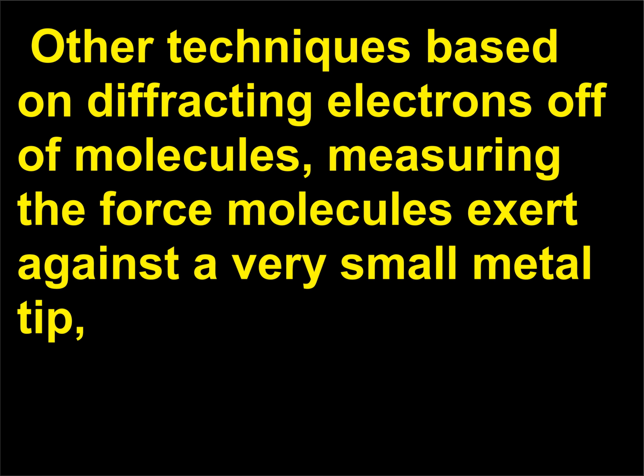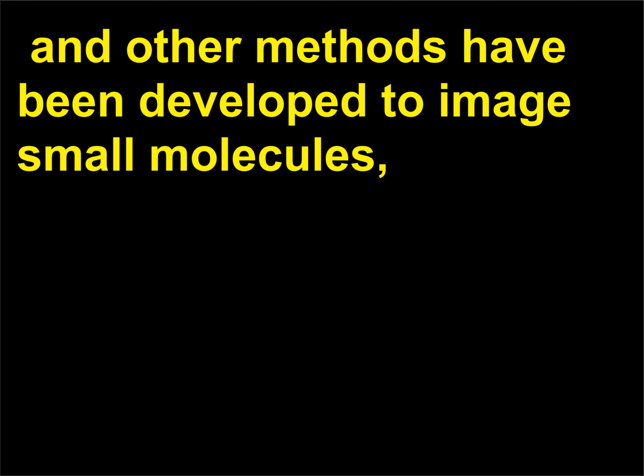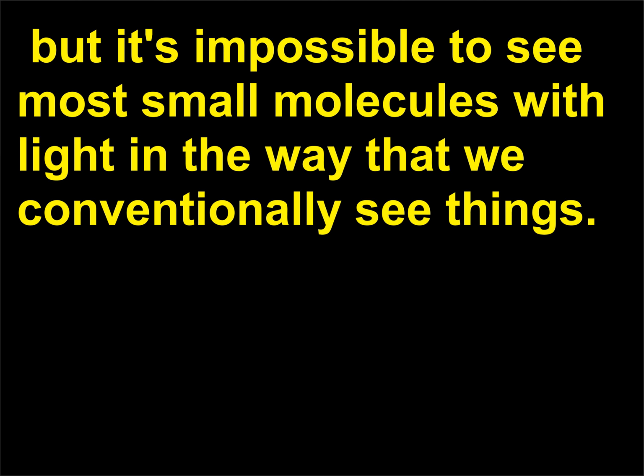Other techniques based on diffracting electrons off of molecules, measuring the force molecules exert against a very small metal tip, and other methods have been developed to image small molecules. But it's impossible to see most small molecules with light in the way that we conventionally see things.